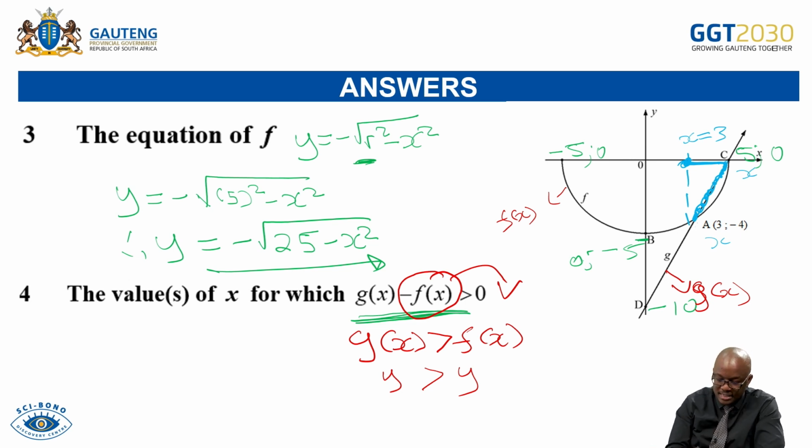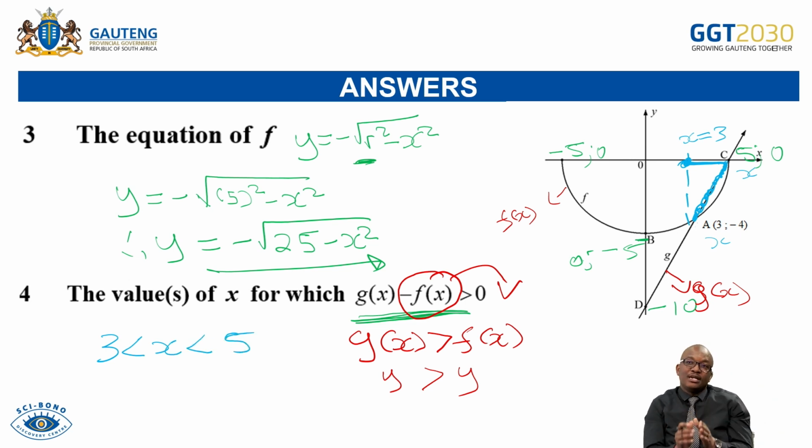So your answer there is going to be between 3 and 5. X values that are between 3 and 5 makes the y value of g to be on top of the y value of f. And that's your answer.